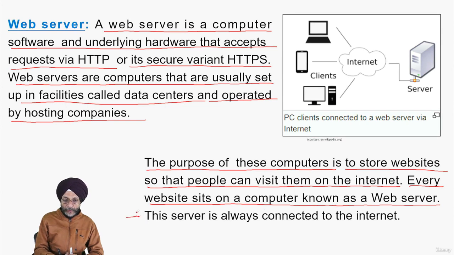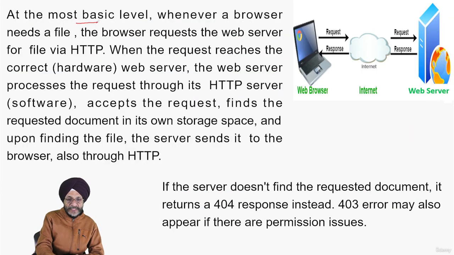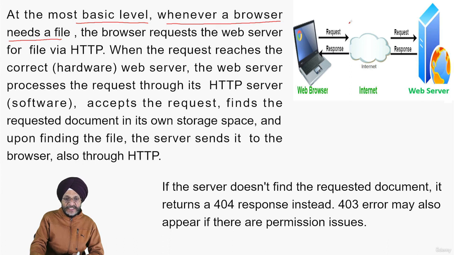Now, this is the important point. Server is always connected to the internet. In this picture, you can see that PC clients are connected to the web server via internet. At the most basic level, whenever a browser needs a file, the browser sends the request to the web server for the file via HTTP.